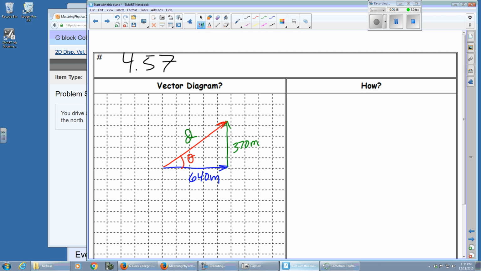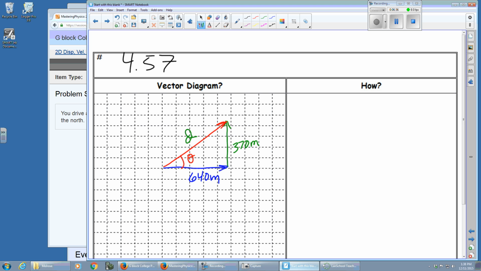Oh, so I have a right triangle. Cool. So, how many things are there to know about a triangle? How many facts can you know about a triangle? 6. 3 sides, 3 angles.